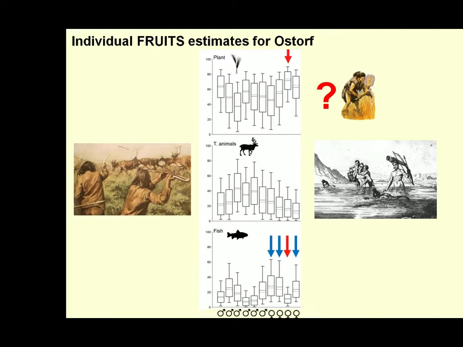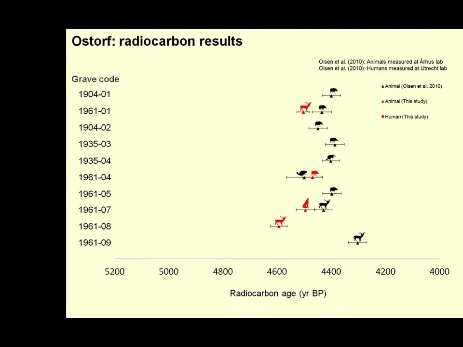Now, these were individual graves, and each human was buried with tooth pendants, and these tooth pendants were from terrestrial animals. They were radiocarbon dated, and also the humans were radiocarbon dated. This was first published in the study by Olsen et al. in 2010.